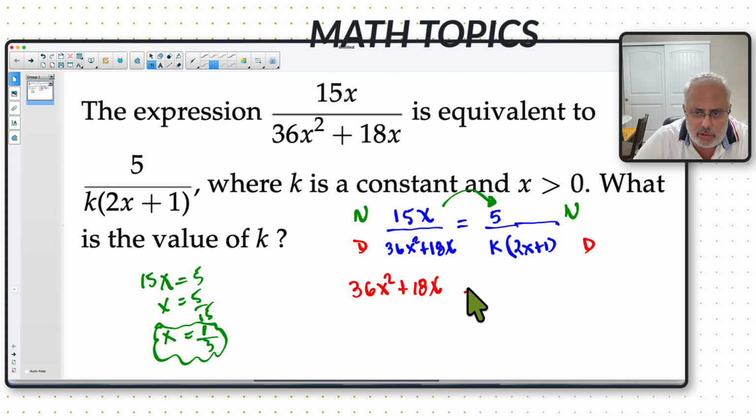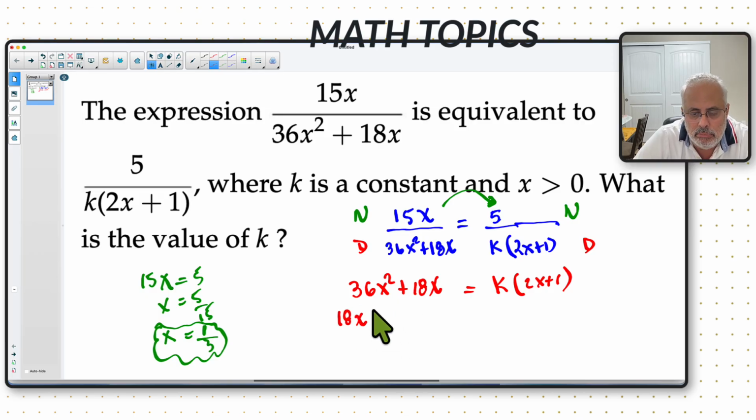And you can factor here 18x. You have here 36x squared divided by 18x is just 2x, plus 18 divided by 18x is just 1.